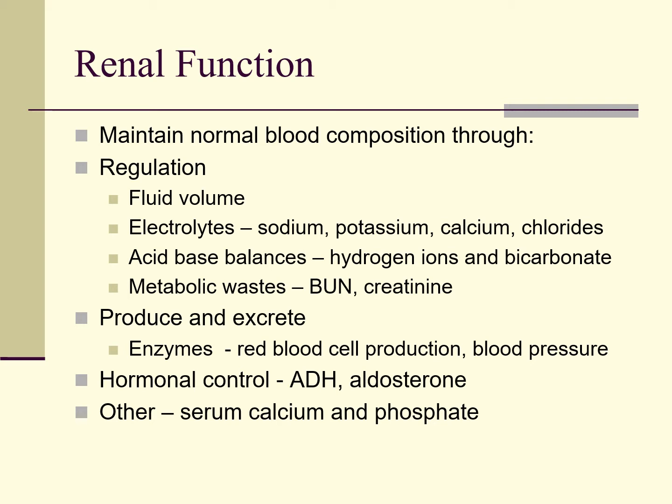The kidneys also produce various enzymes, erythropoietin for red blood cell production, blood pressure control, again, hormonal control, some of that's for fluid volumes, and you can see other regulations there. But the reason for this slide is that as you think about it, this is going to be what you're going to see and how this is going to affect the renal system.